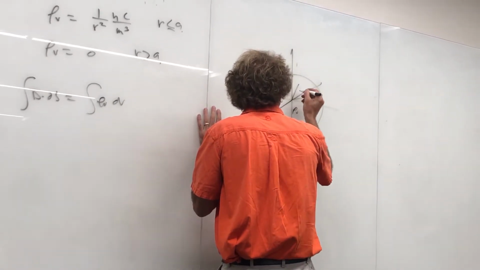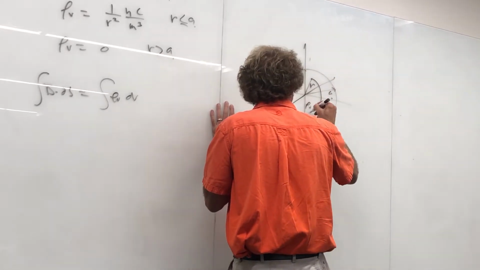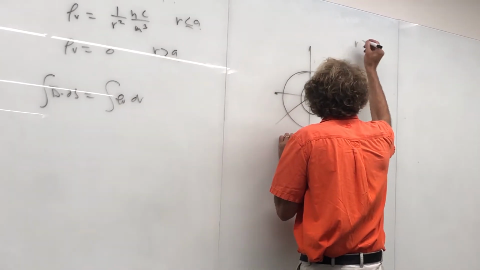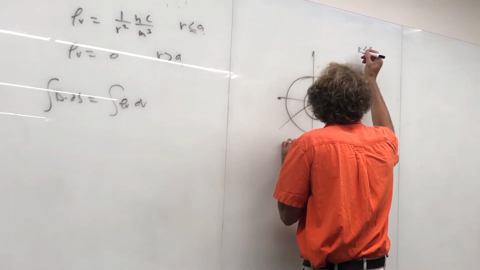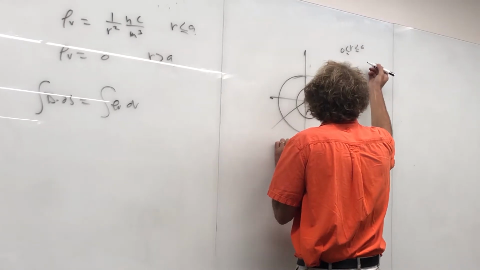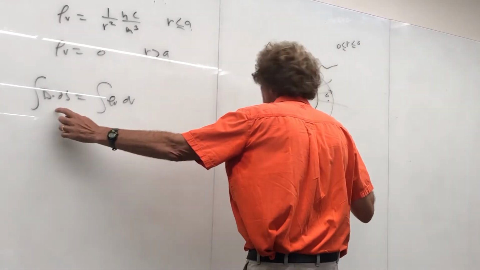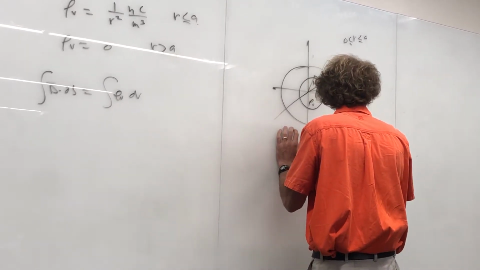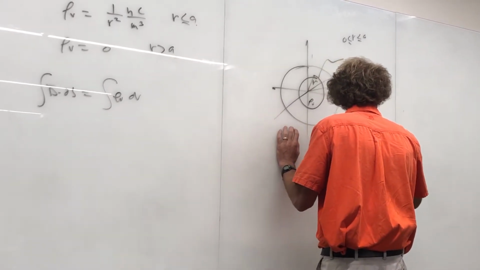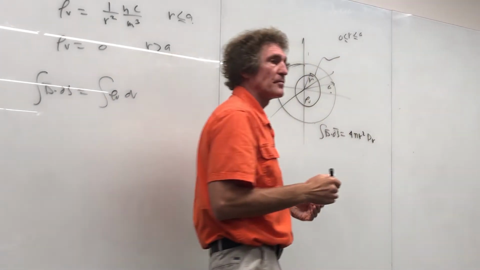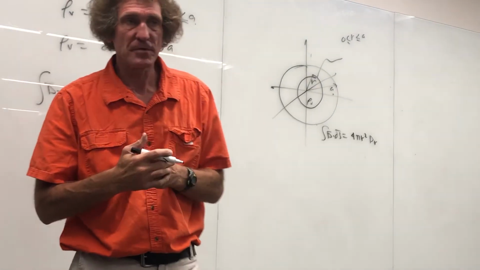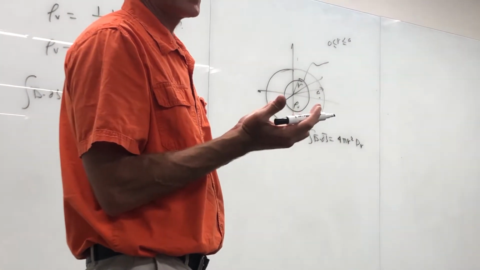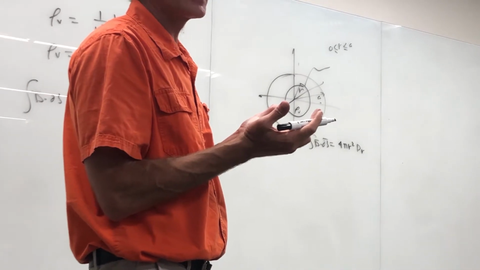So if I come out a distance r away, and I put down a Gaussian surface, I know if I'm at r greater than or equal to 0 and less than or equal to a, the integral of D dot dS becomes 4 pi r squared. I can write the integral for you if you want me to and do it in terms of the differential surface or differential volume, but I think we all know it's the surface area of a sphere, 4 pi r squared times D. Is everybody clear on that, class?